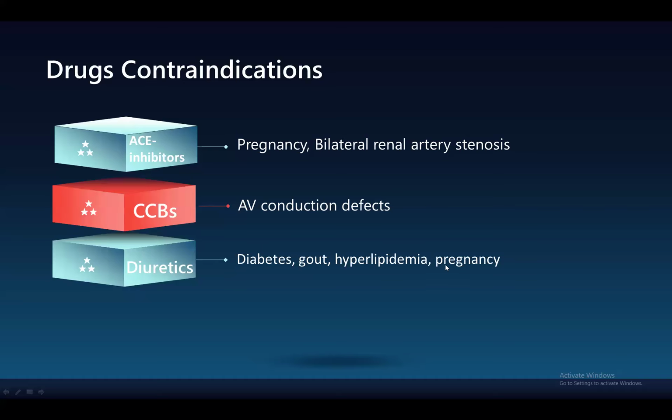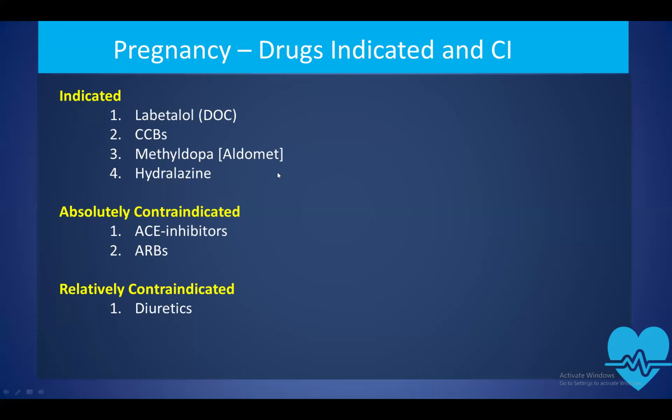And in pregnancy, the diuretics can decrease the plasma volume, which then decreases the placental perfusion. The drugs that can be used in pregnancy include labetalol.